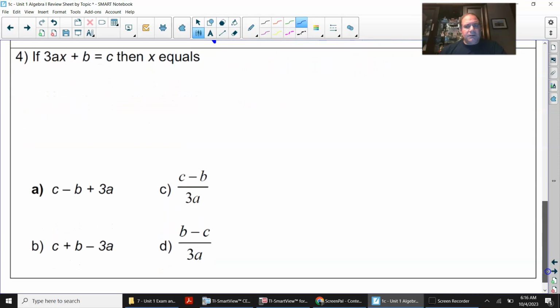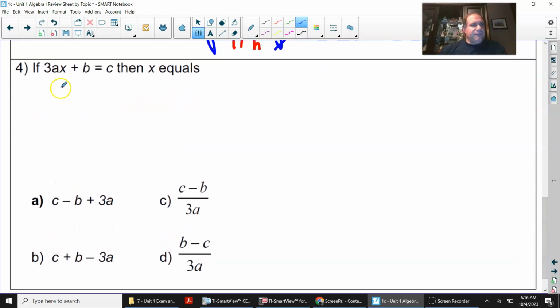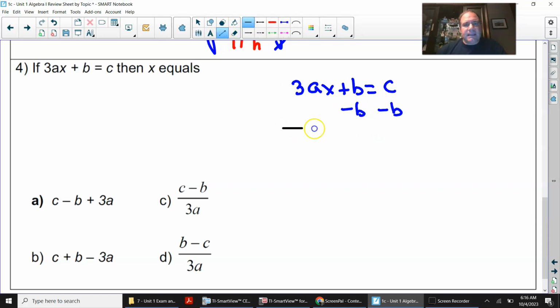Number 4. If 3ax plus b equals c, then what does x equal? So I'm going to go over here. I'm going to rewrite. And I have to solve for x. So the first thing that I do is subtract b from both sides because I need to get the x alone. This cancels.